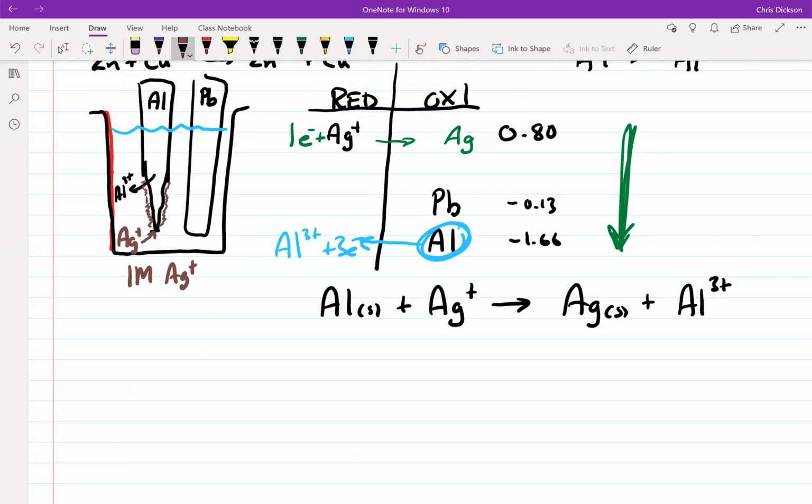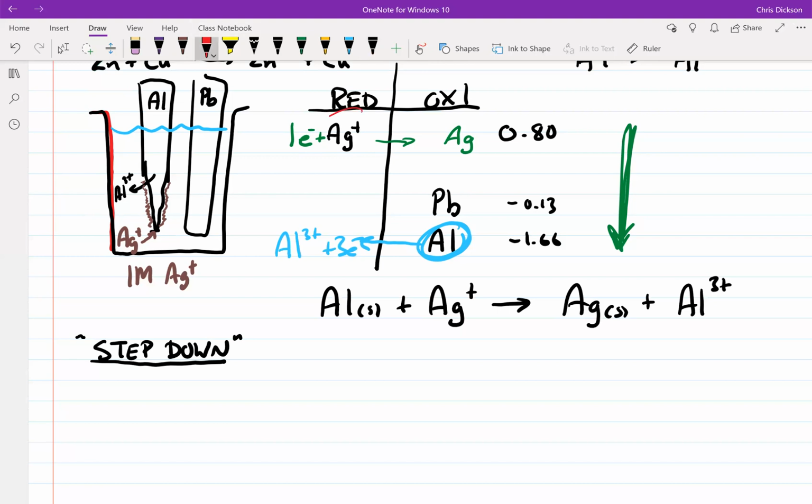So what is the memory aid to know whether or not this is occurring? I call this a step-down reaction. I don't think that's actually a proper or official chemistry name for this, but I just memorize it as a step-down reaction. And so what I'm going to do here is a little bit of circling on the chart I just did.